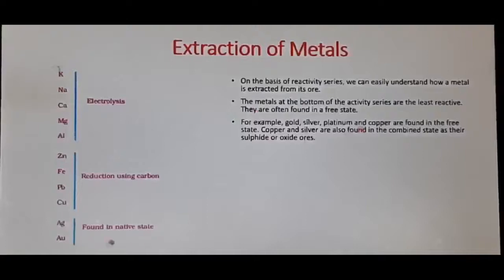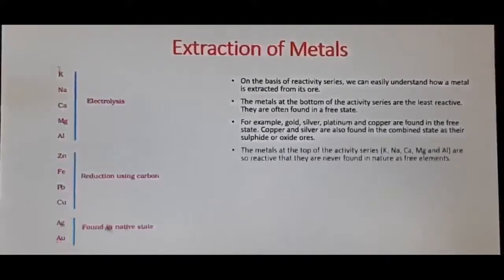The metals at the bottom are non-reactive, or least reactive, we can say. Most of the time they occur in their free states, but sometimes they occur in the form of their sulfides also.